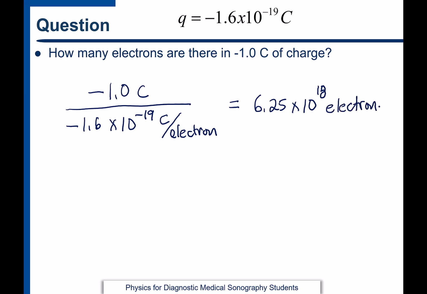So truly an almost unimaginable number of electrons. And one of the things that we'll notice when we move on to talk about moving charges and electric circuits, which we'll do in our next videos coming up, we can think of electricity as a continuous fluid because there's so many electrons involved in any everyday amount of charge.